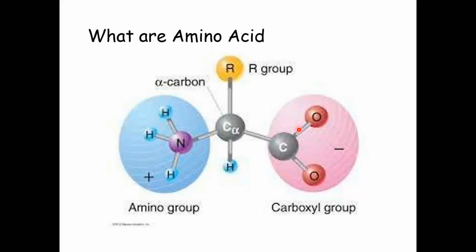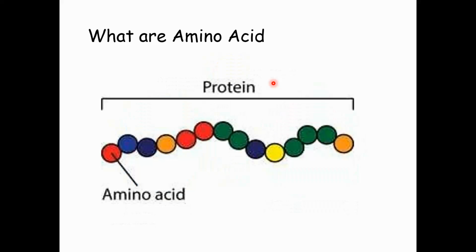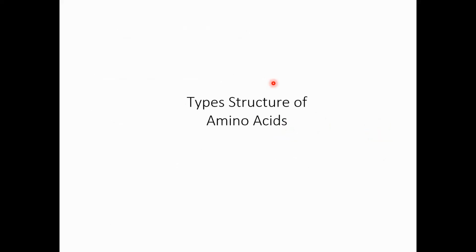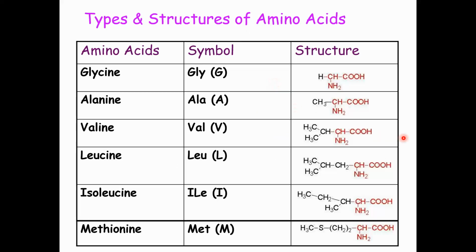These three groups, the amino group, carboxylic group, and hydrogen atom, are the same in all amino acids, but all the amino acids have different R groups, and all have different structures from each other because of the different R group.